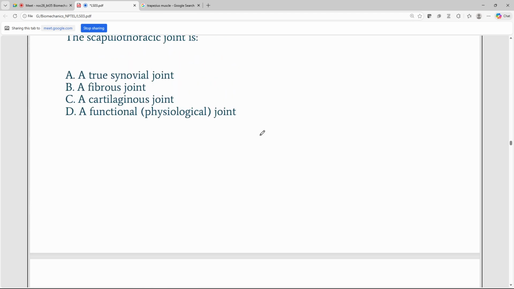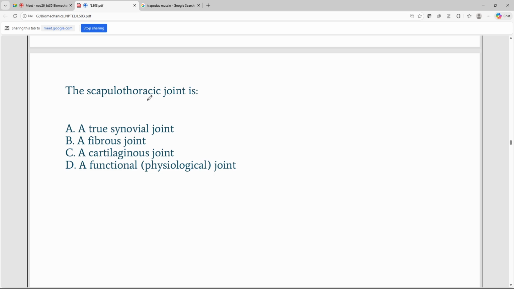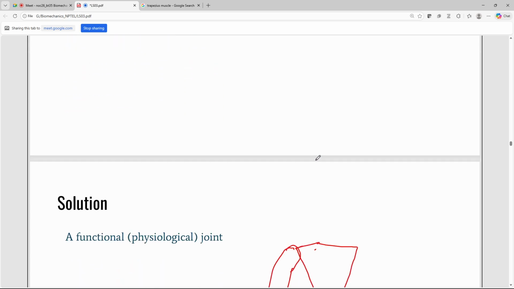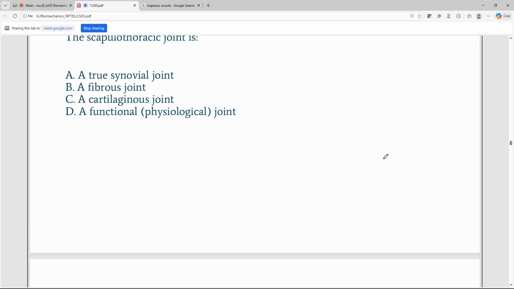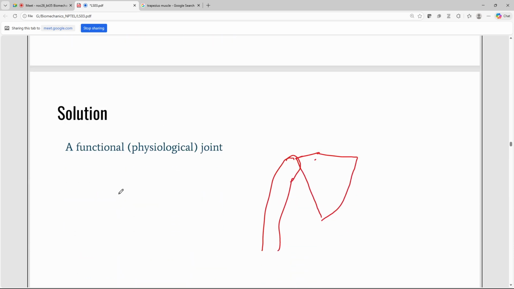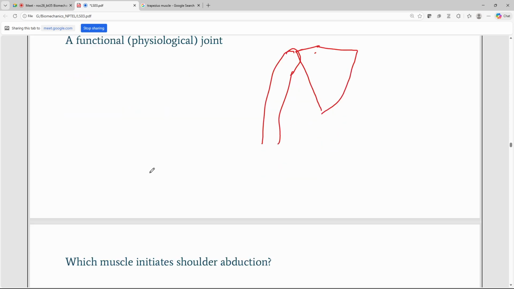This scapula is not connected to the thoracic portion or rib cage through any actual synovial joints. It's also known as false joint or pseudo joint. So it's not a true synovial joint, and it mostly comes under the classification of a functional joint.